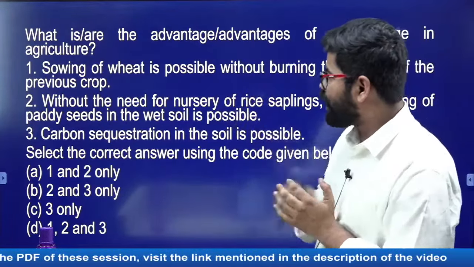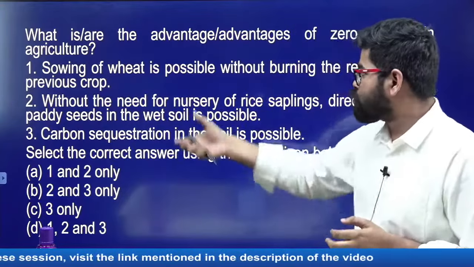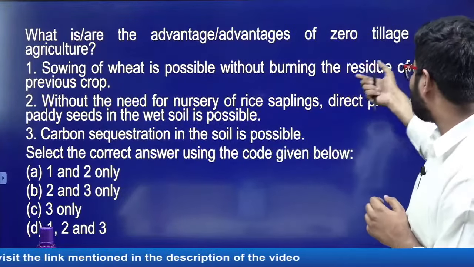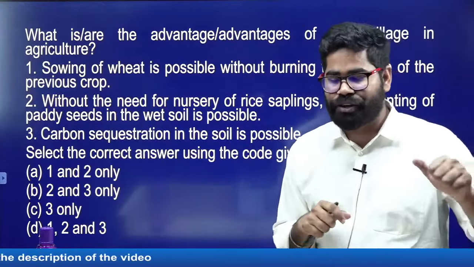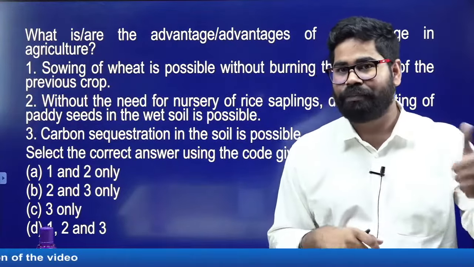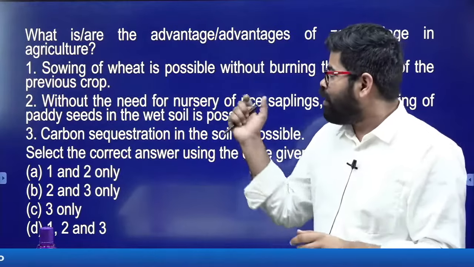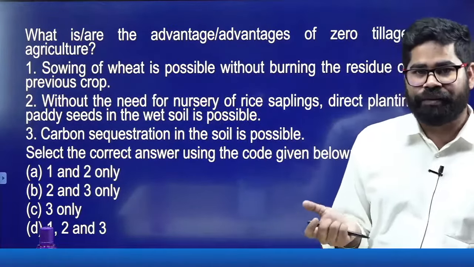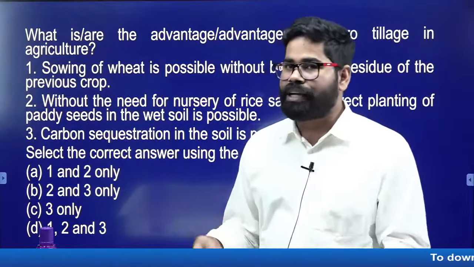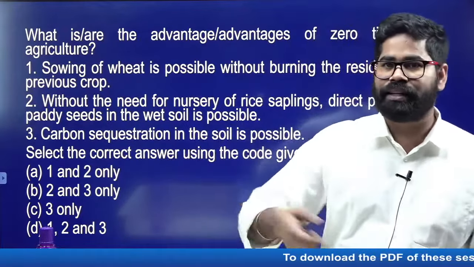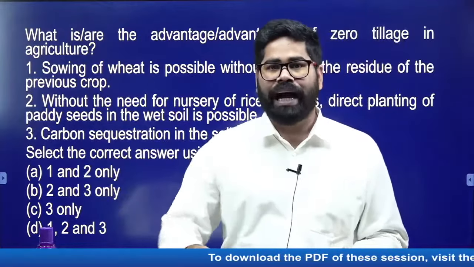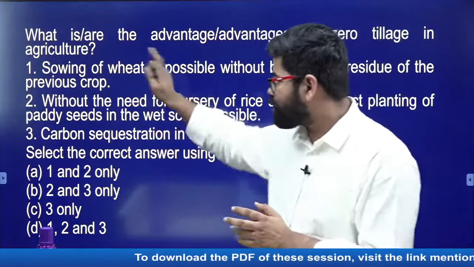If we are talking about the first one, sowing of wheat is possible without burning the residue of the previous crop. This is one thing which you can commonly find that yes, it will be true. Because if we talk about the sowing of wheat, wheat doesn't require too much tillage also. It can be simply thrown like seeds in the field and it can easily grow. So one has to be correct.